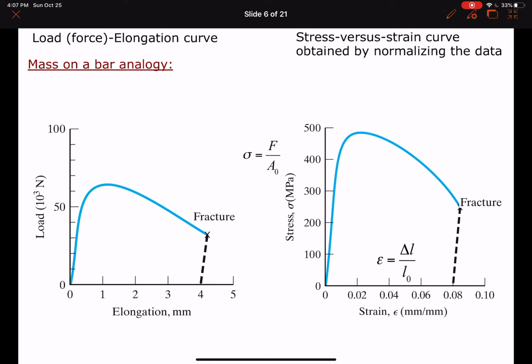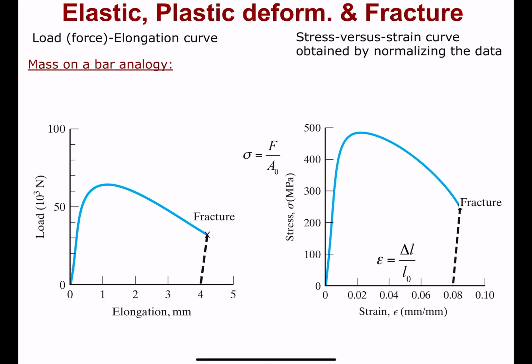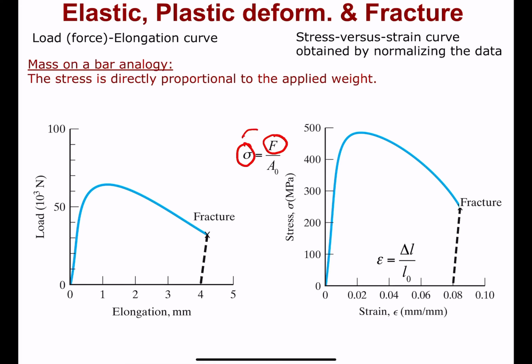Okay, so with those ideas, let's think about what some consequences of this experiment are. Well, hopefully you recognize that by applying more mass to the bar, tethered to some surface like the ceiling, if we're increasing the mass, the stress is directly proportional to that.